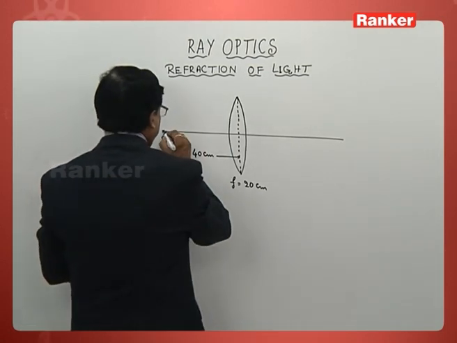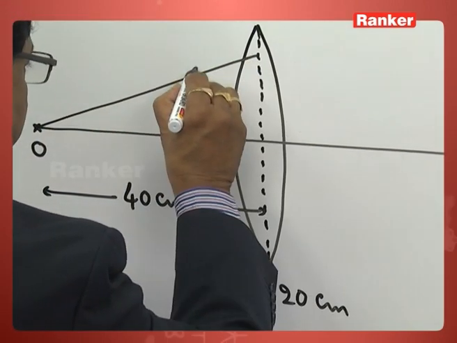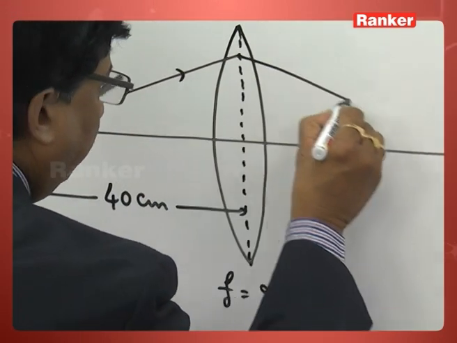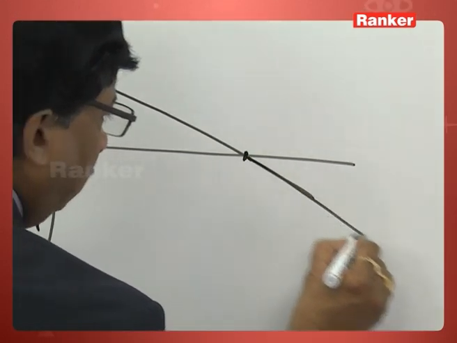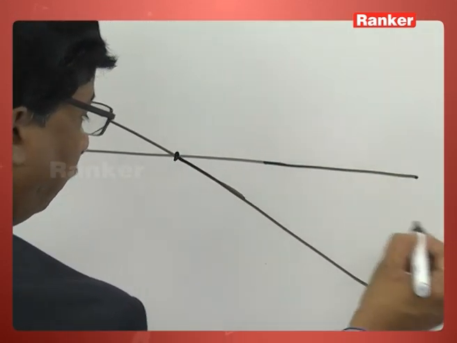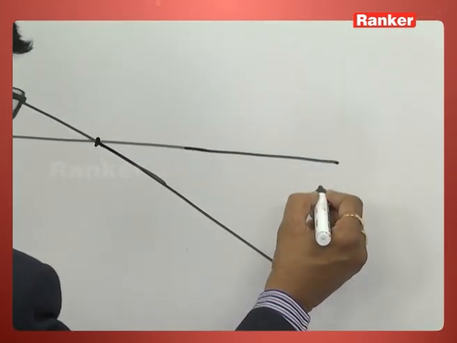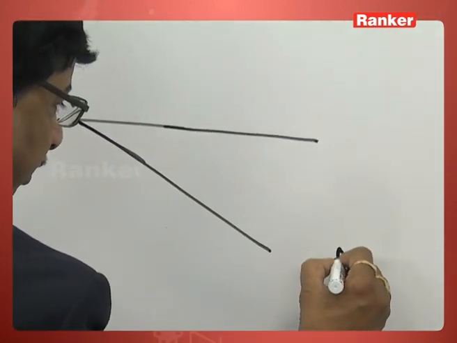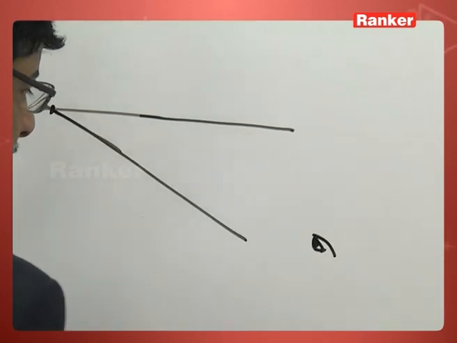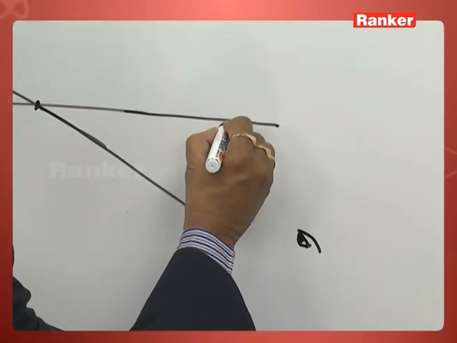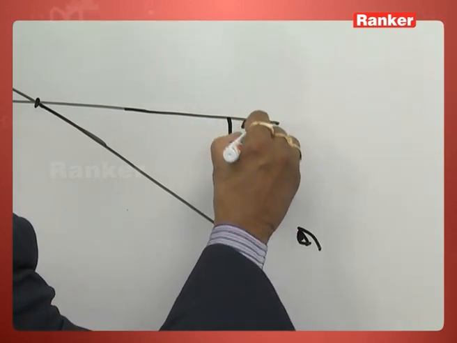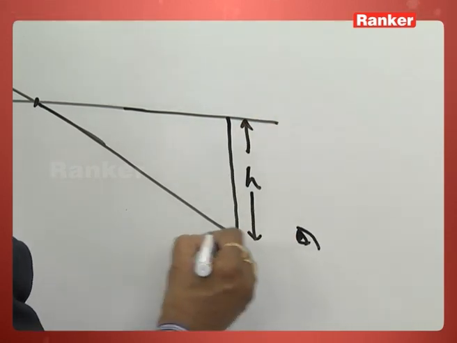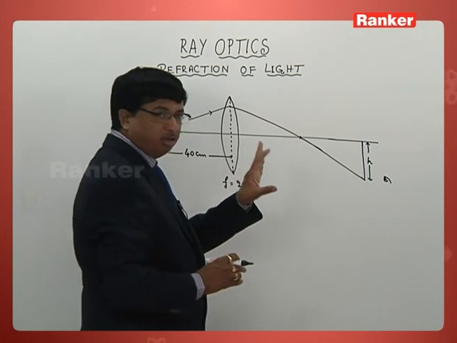Now here the ray whatever is just striking, it now just forms the image here. But what we are doing in this problem, the eye is kept somewhere here at a distance, say h below the principal axis. That is what has been mentioned there.